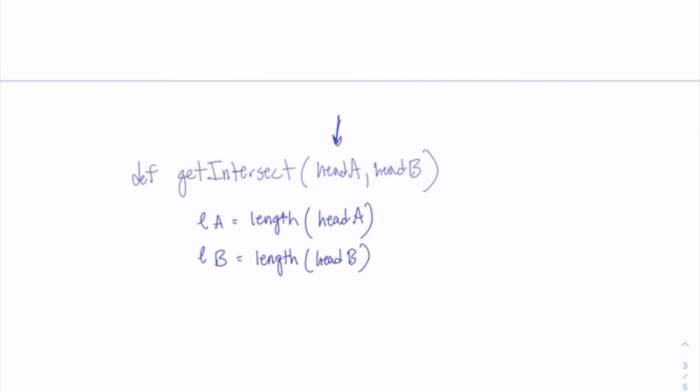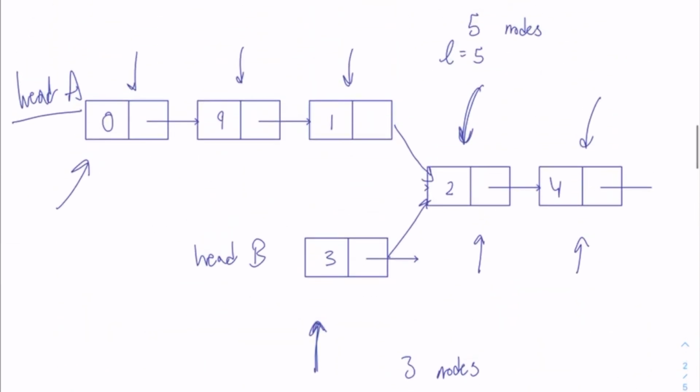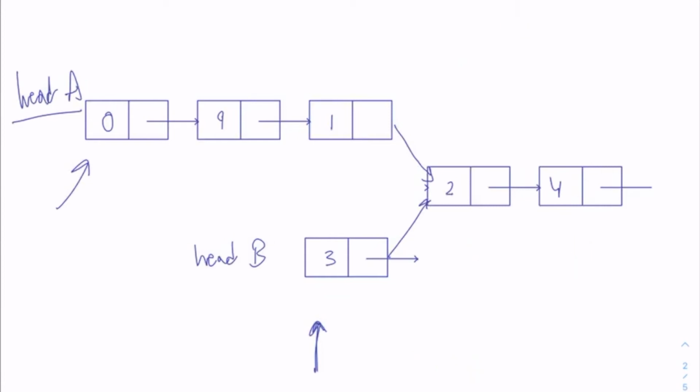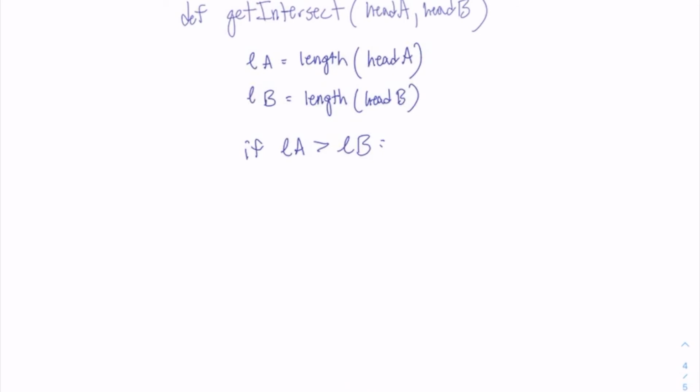Okay, so now that we have the lengths, we can finally use them, where if la is greater than lb, so specifically if the length of head A is greater than the length of head B, then we do whatever is inside this if statement.